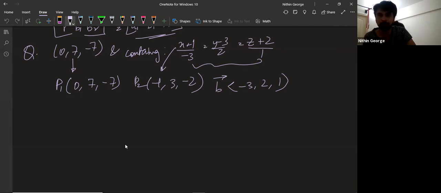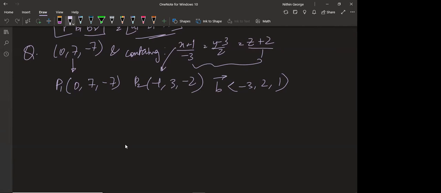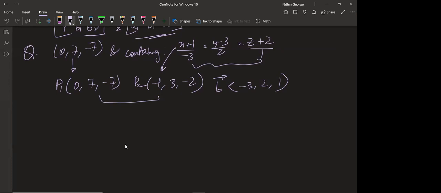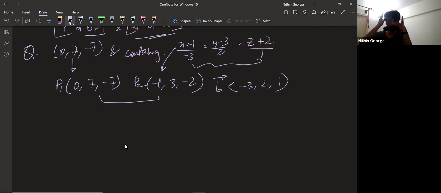To find the other vector that is parallel to the plane, we simply subtract these 2 points. It was there in front of your eyes all along. So I want you to start thinking like that. To find a plane, all you need is 1 point that lies on the plane and 2 vectors. We have 2 points, which means you can simply subtract them and find the other vector.